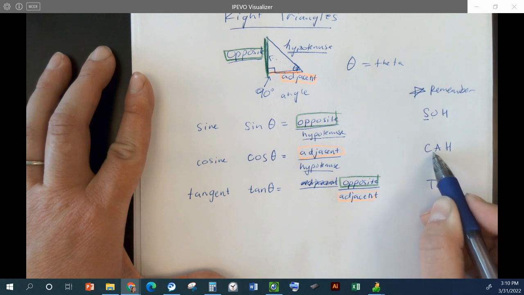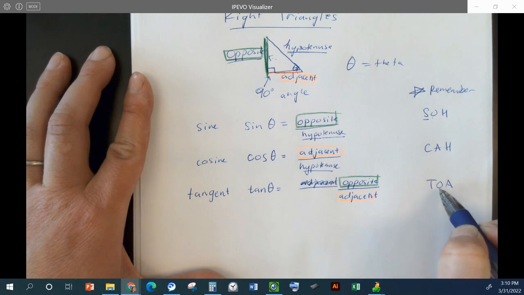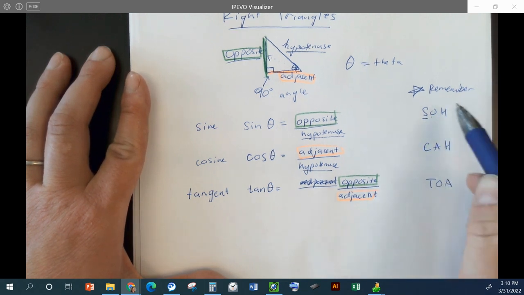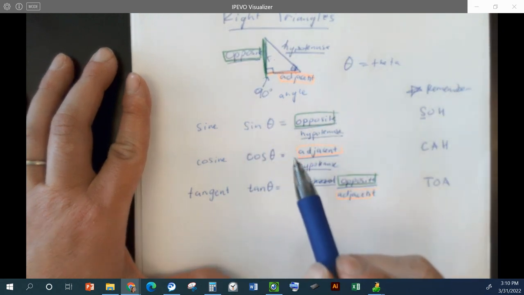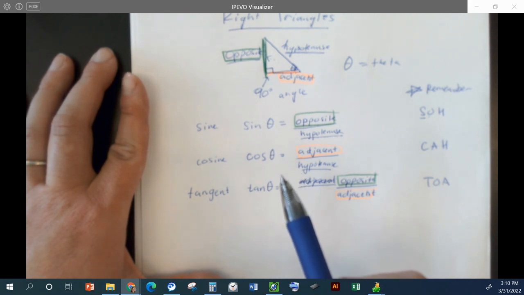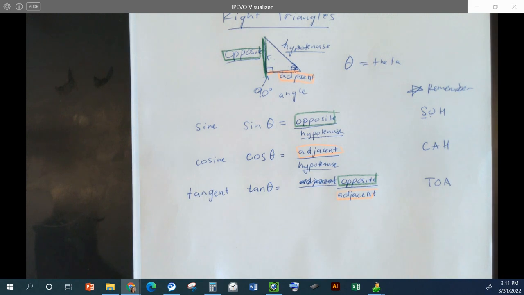Cosine is adjacent over hypotenuse. And tangent is opposite over adjacent. So if you just remember SOHCAHTOA, you can break it down and you can figure out the relationships. Okay? All right. We're good there?